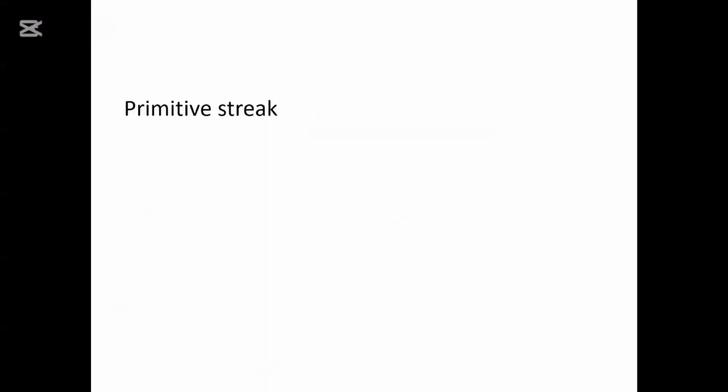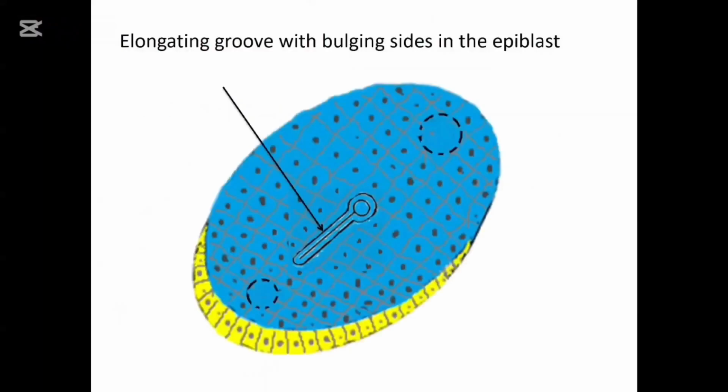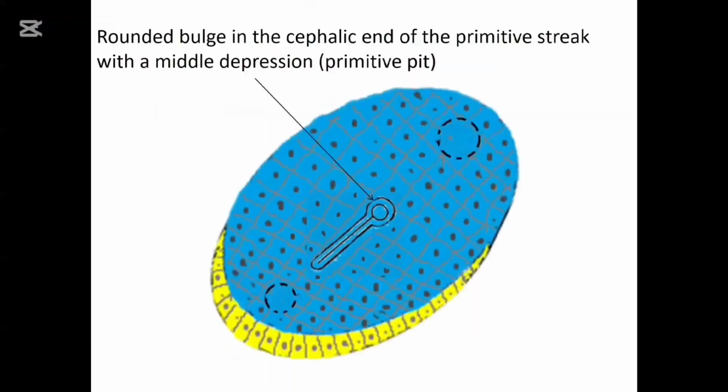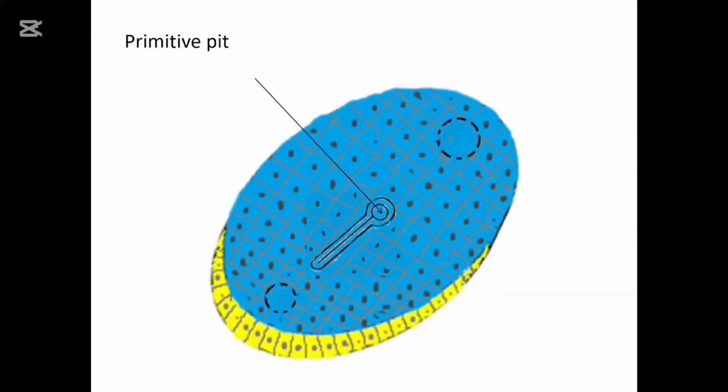We can identify a structure called the primitive streak. It is an elongated groove, with bulging sides in the epiblast, here in concrete. And a primitive node, it is a bulge with a middle depression called the primitive pit, here.